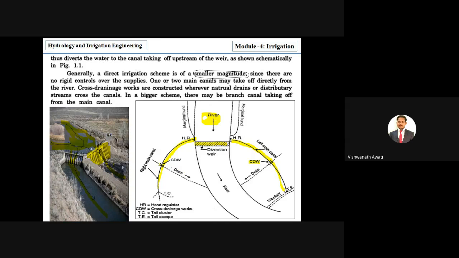So whenever diversion work or drainage work is required, the proper arrangement has to be made. Cross drainage works are constructed whenever a natural drain or distributary stream crosses the canal.